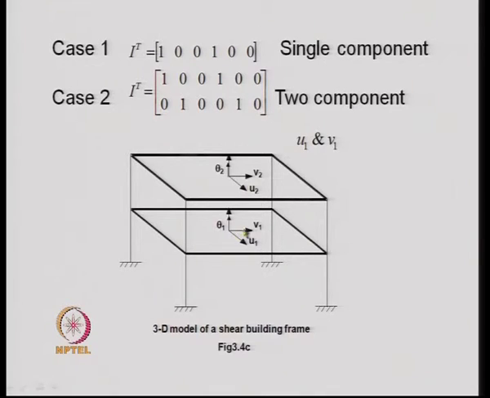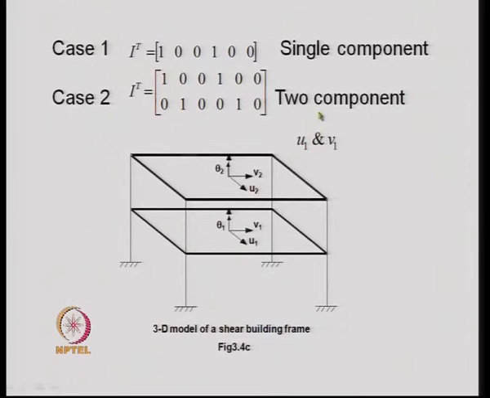So, corresponding to this degree of freedom, that is U1, we have a ground motion. For the second direction here, there is no excitation. For the third, there is no torsional ground acceleration, therefore, this is also set to 0. Again, for the next floor, it becomes 1 for this degree of freedom, then 0 0. So, that way for single component earthquake, we have this definition of the influence coefficient vector.